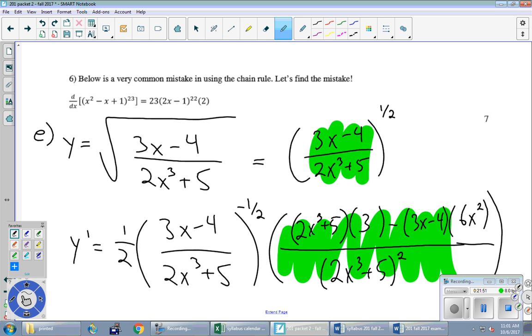Questions on that one? You don't care about distributing. Sometimes I'll care about distributing, and I will tell you, but the calculus in this problem is done.